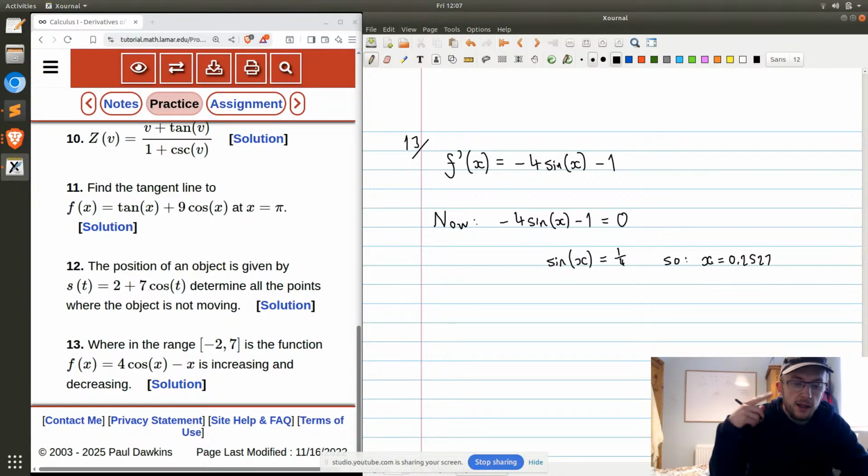But then we have to get it in range. So add on pi, 3.3943, and add on pi again, 6.5359.